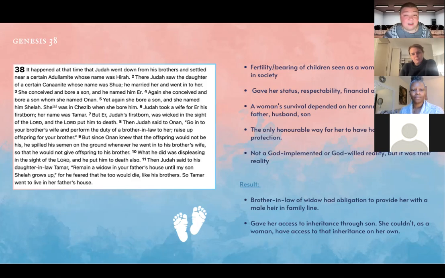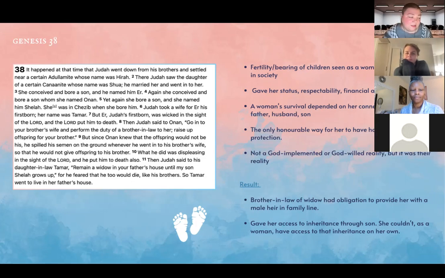A woman would basically move from being provided for under her father's roof and then later her husband's. This was the only honorable way for a woman to have a roof over her head, food, and protection. We must stress in the strongest terms here that this is not God implemented or God willed, but it is how the current culture worked.